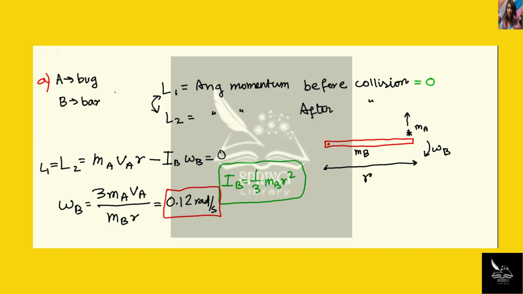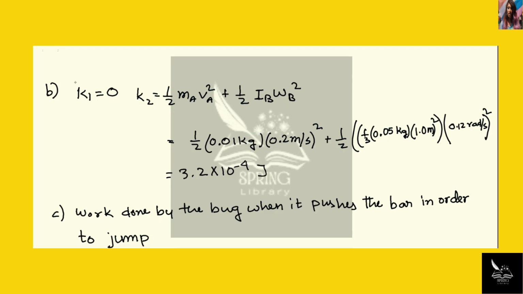So in part B, we need to find the kinetic energy of the system. Before the bug jumps, the system was at rest, so the initial kinetic energy was zero. But the final kinetic energy will be the kinetic energy due to the bug jumping off. The linear velocity of the bug is VA, so half m v squared is the kinetic energy due to the bug jumping at a certain velocity.